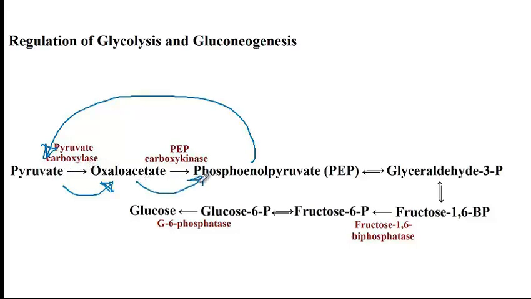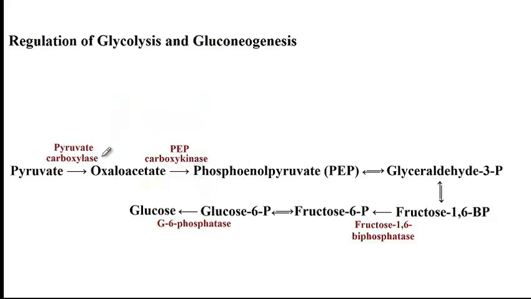Next, oxaloacetate is converted to phosphoenolpyruvate by the PEP carboxykinase enzyme. So that's the first two enzymes. And then finally, for conversion of fructose 1,6-bisphosphate into fructose 6-phosphate, we need the fructose 1,6-bisphosphatase enzyme. Now tell me, what was the rate limiting enzyme of the glycolysis reaction?